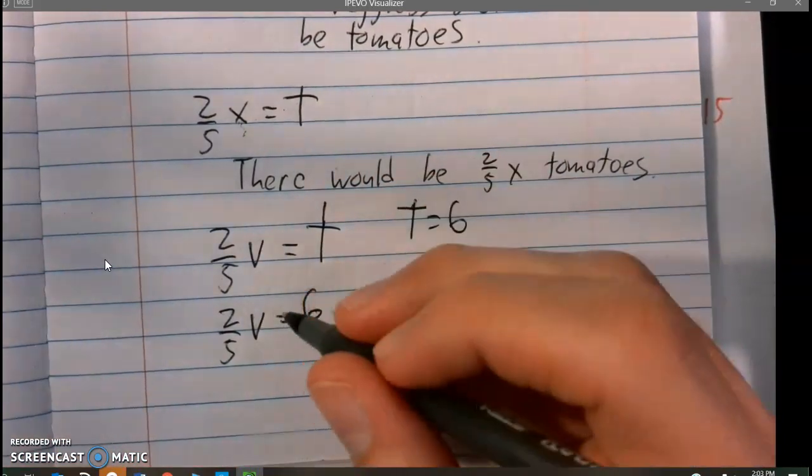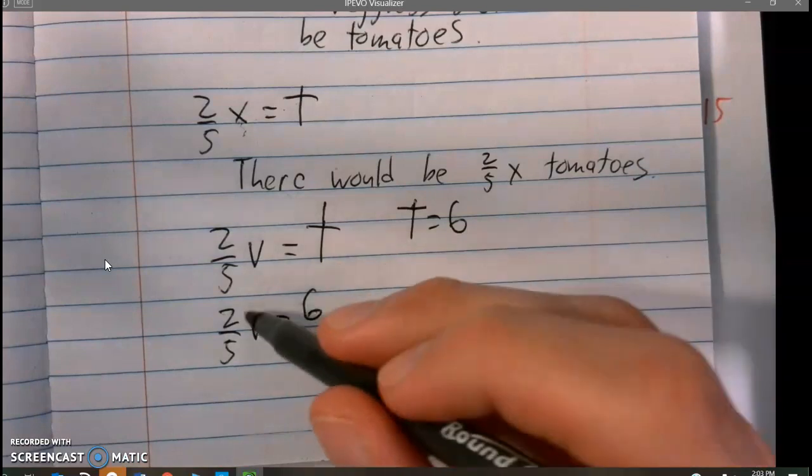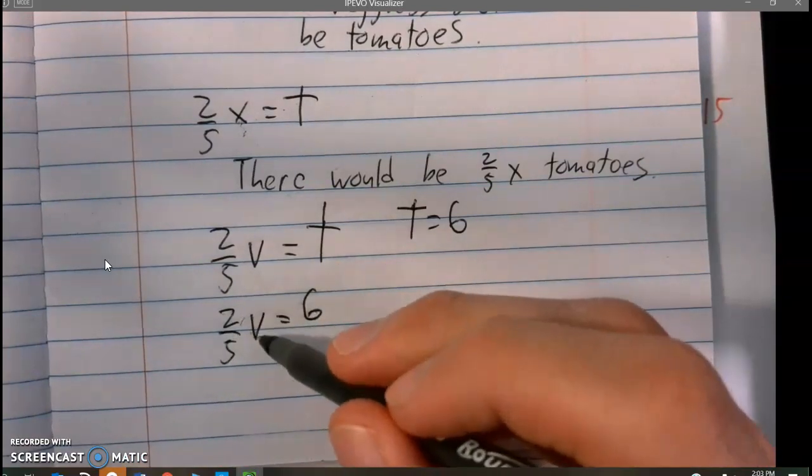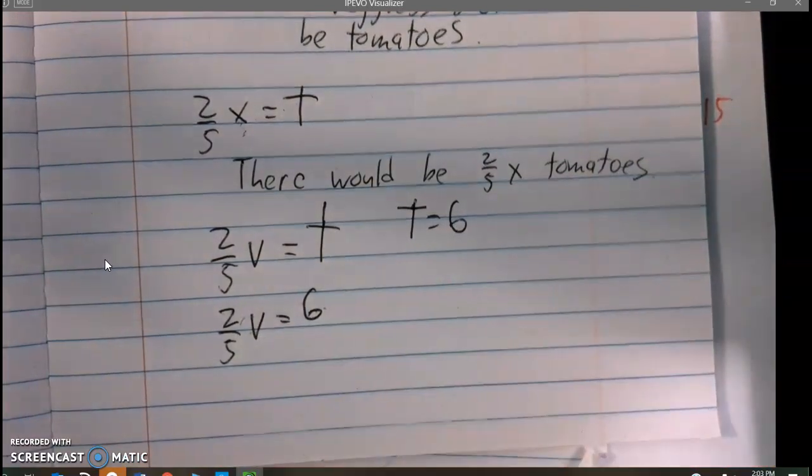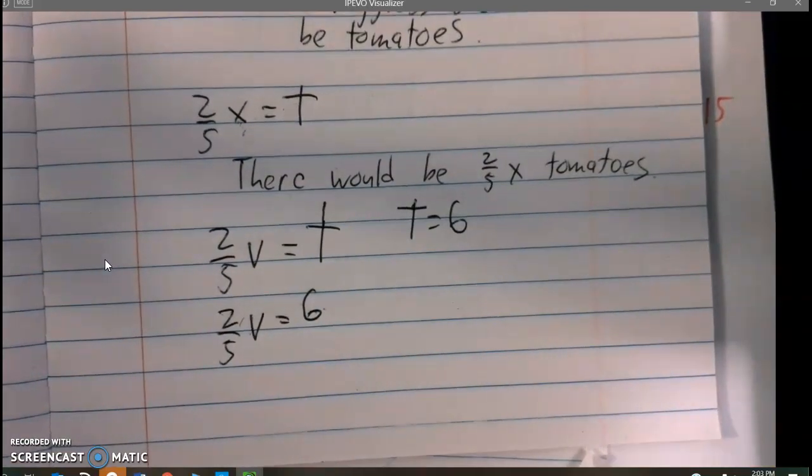So we need to substitute in that way. All right, so this is going to be our new equation: 2/5 of how many vegetables is 6. Here I'm trying to find out how many vegetables there are if Priya had 6 tomatoes. As always when we work with variables, we can use inverse operations.